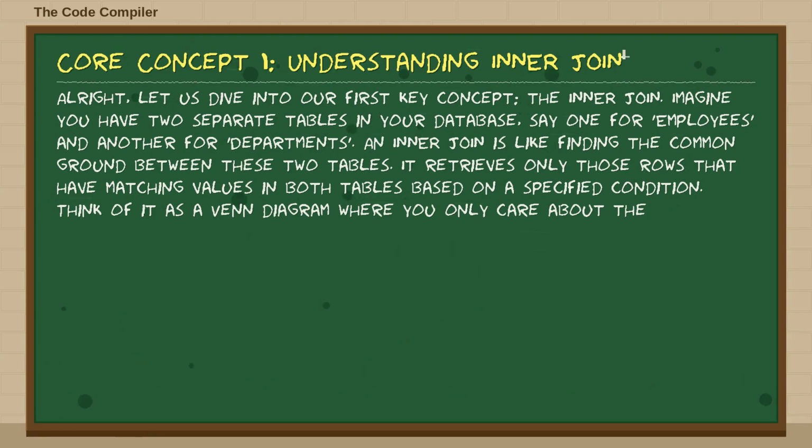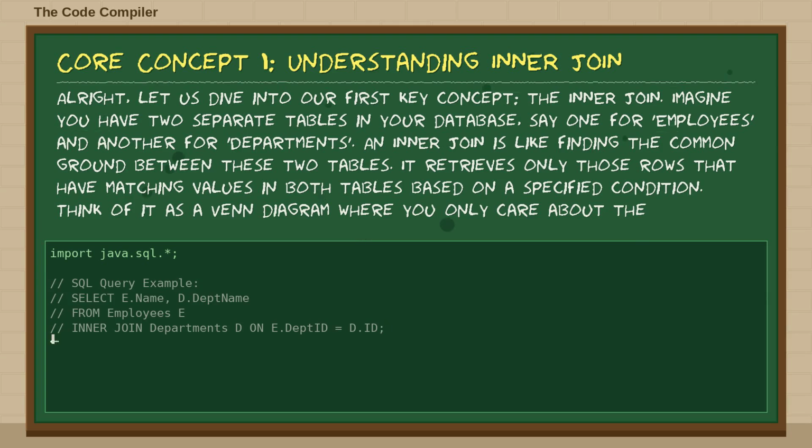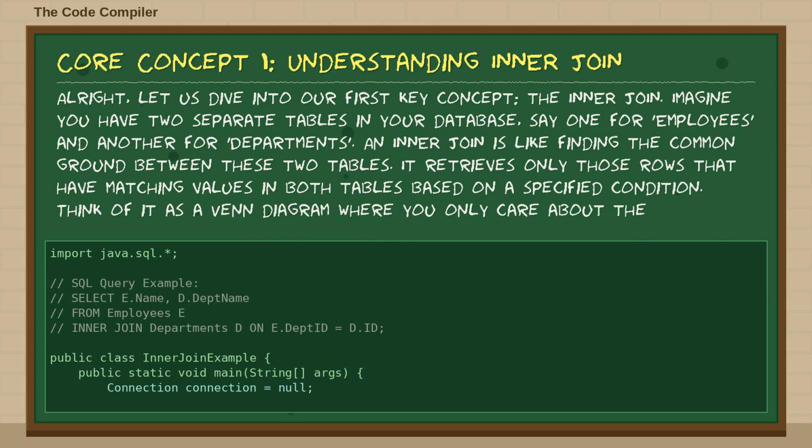For example, select employee.name, department.name from employee inner join department on employee.departmentID is equal to department.id. In Java, you will use your statement object to execute this query and get a result set.